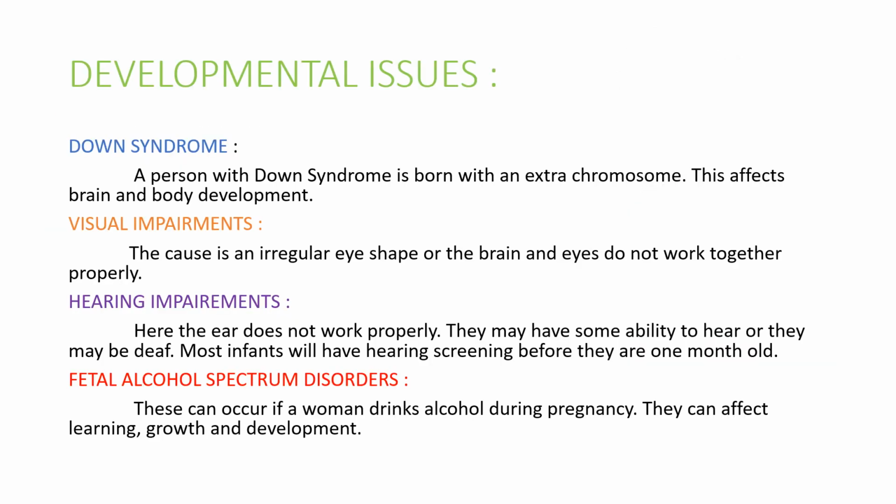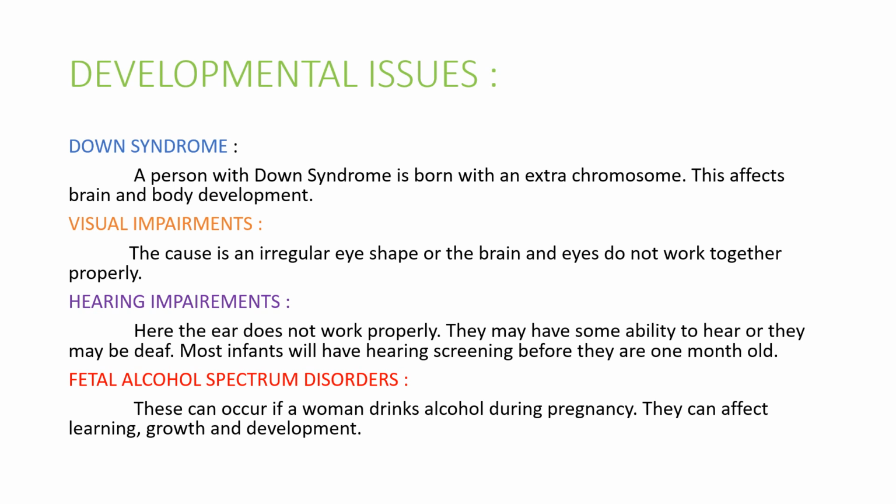Developmental issues. Down syndrome. A person with Down syndrome is born with an extra chromosome. This affects brain and body development. Visual impairments. The cause is an irregular eye shape, or the brain and the eyes do not work together properly.